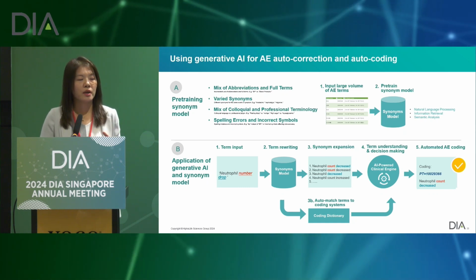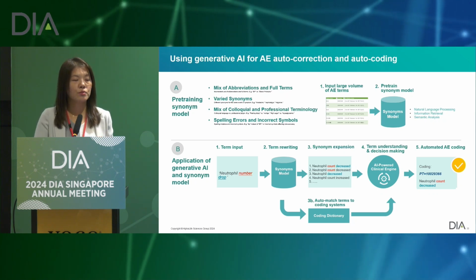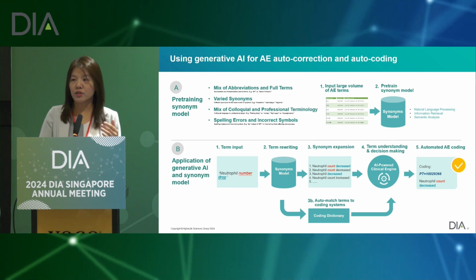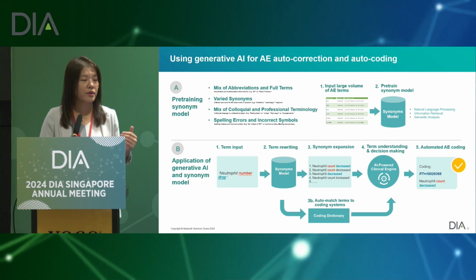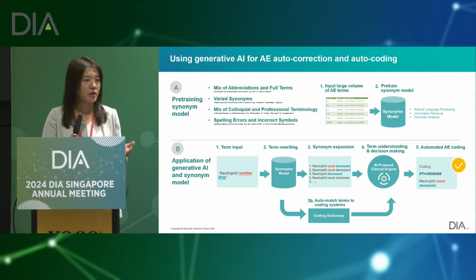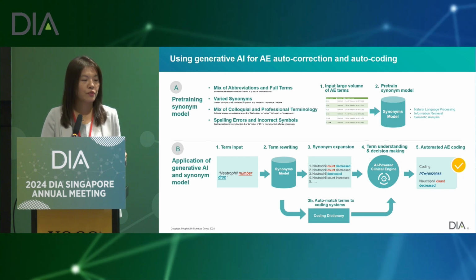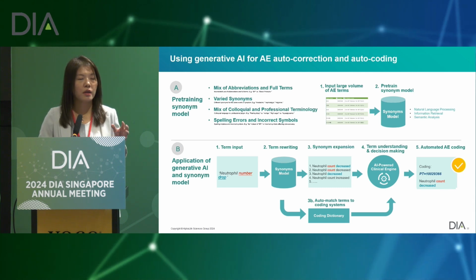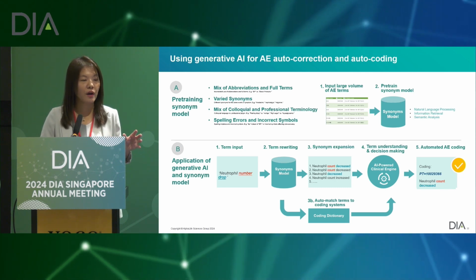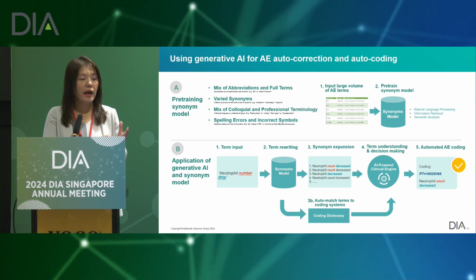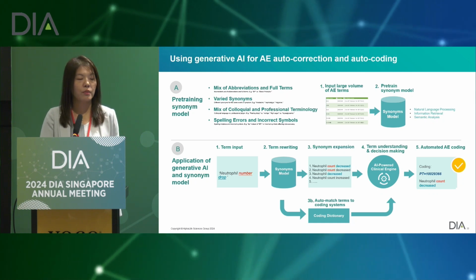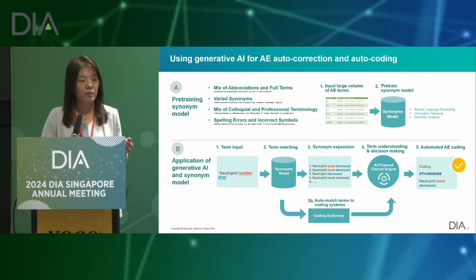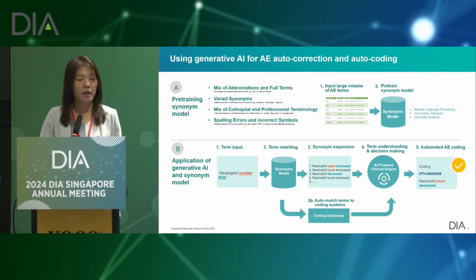So what we can do is take these AE terms and pre-train our synonym model, meaning that when we apply it to the business scenario, what you see here at the bottom is, let's say our first line users have entered "neutral field number drop", right? With our pre-trained model and the coding dictionary, the AI-powered engine can identify these errors and code it according to the preferred term. So in this case, it would be "neutrophil count decreased" based on the requirements, and that would complete the automated AE coding.